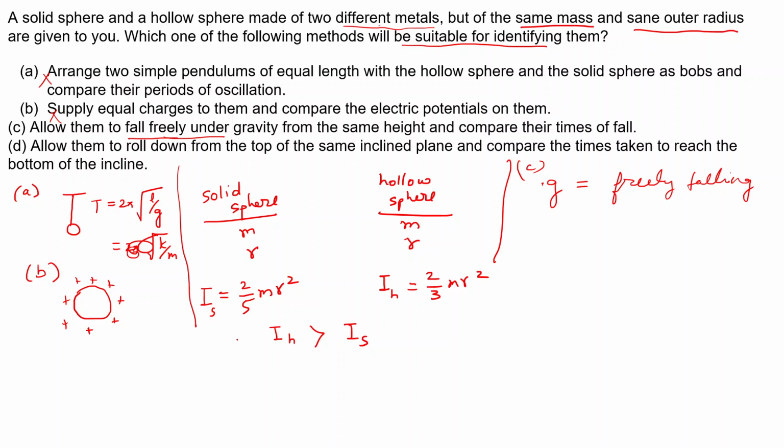What does this mean? This means that there is more inertia in this body, so it will take more time for this body to roll, so it will reach the end later, because we know moment of inertia is the analog of mass. When we talk about a body of mass moving in translational motion, we had discussed this thing.